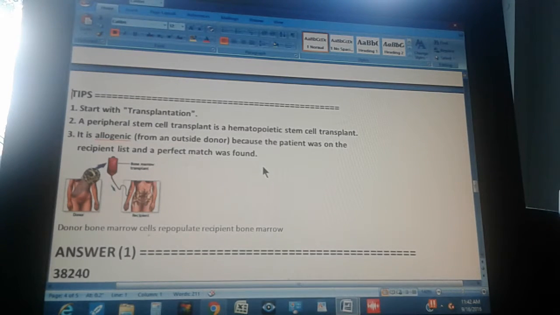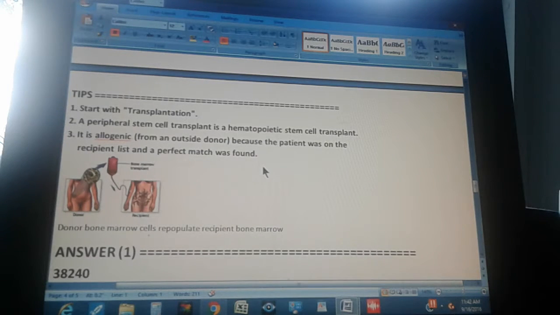And the third one is that it is allogenic. Allogenic means from an outside donor. The donor is not the same person; it's from another source. Why do we know this?